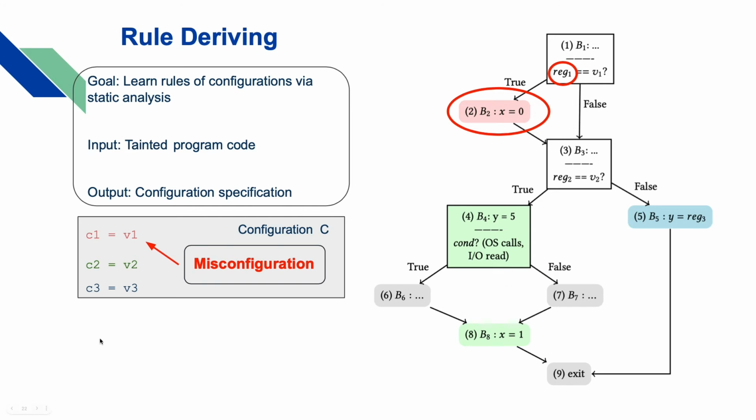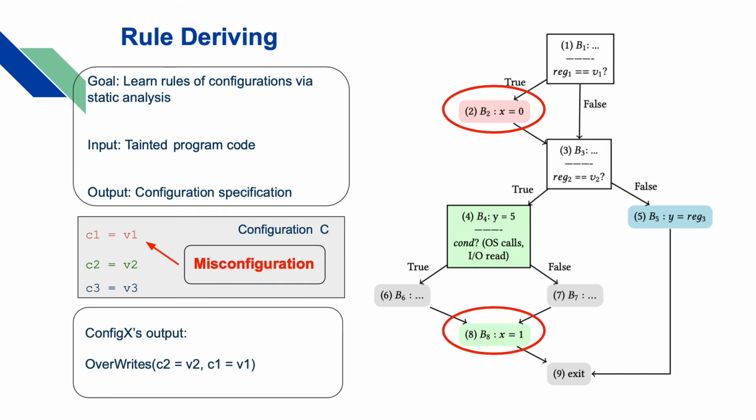For example, if the user wants to specify a configuration C like this, C1 equal to V1, C2 equal to V2, C3 equal to V3, then in the previous configuration tainting or mapping part, this C1 will be mapped to this register 1, and then we will realize that this block is enabled by the setting of configuration 1 to V1. We color this block with the same color as C1 equal to V1, and then we do the same thing for configuration 2 and configuration 3.